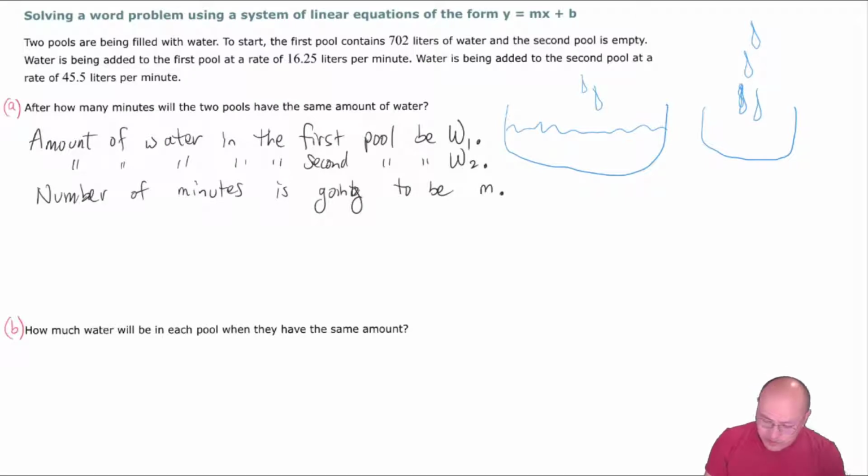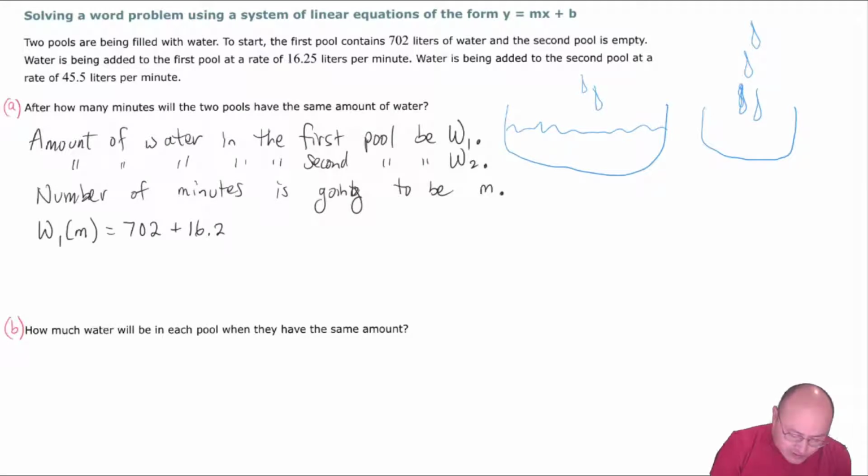We're going to write w sub 1 of m is equal to, starts off with 702 liters of water, and then for every minute, we're going to add 16.25 liters. So there is the function for the amount of water in the first pool.